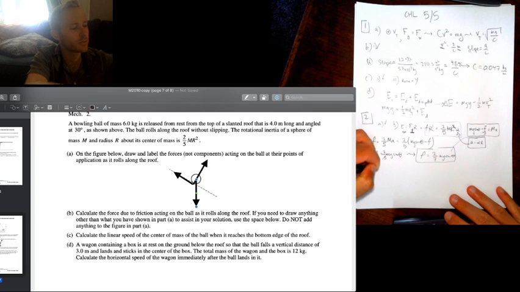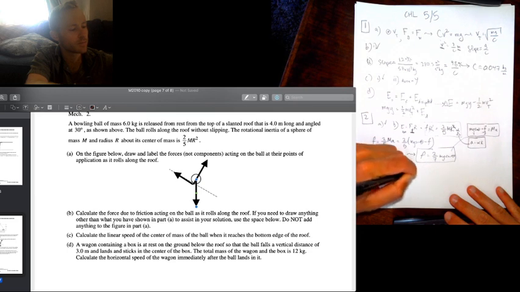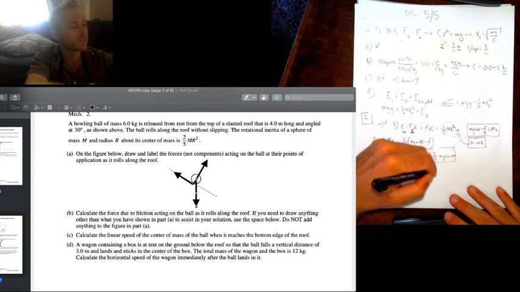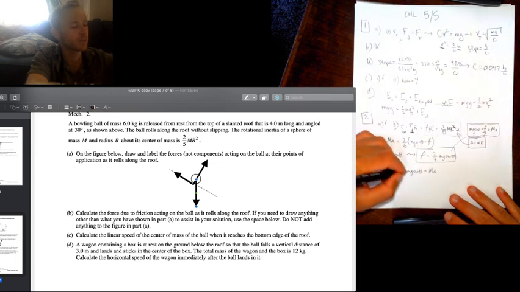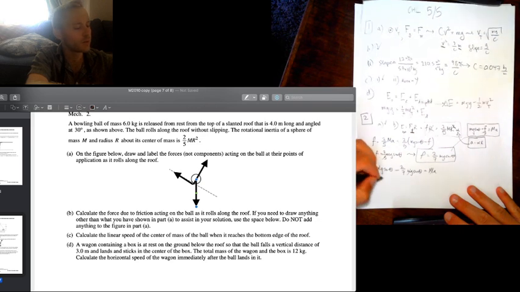So I have mg sine theta minus 2/7 mg sine theta equals ma. So I can see that the mass cancels out, and I get that the linear acceleration is equal to 5/7 g sine theta.